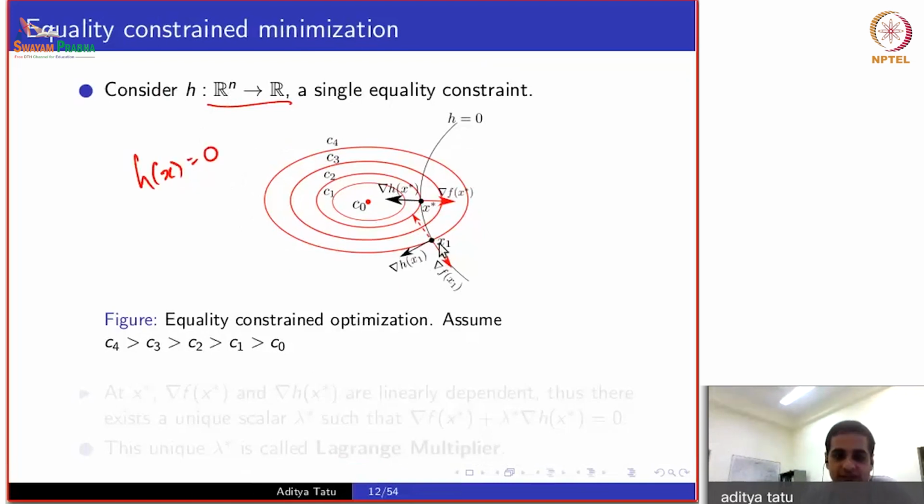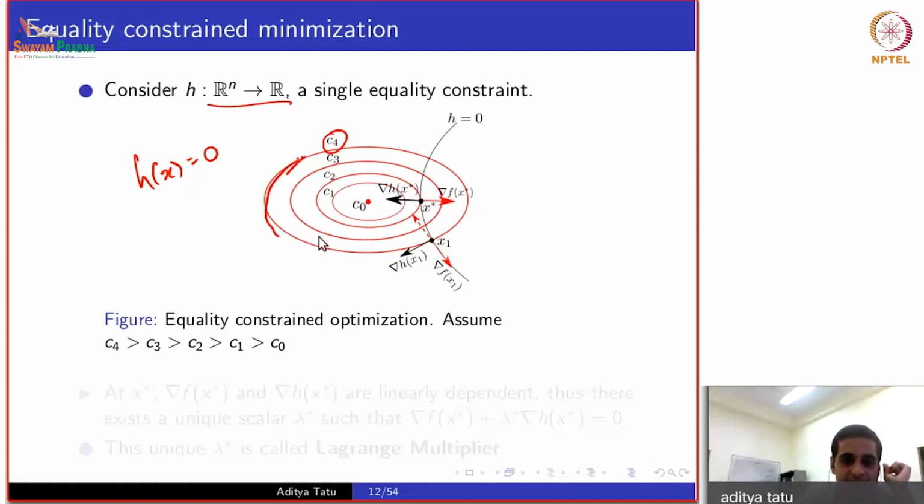In this picture that you see, all these red ellipses define curves on which the value of the objective function is the same. On this particular ellipse, the value of the objective function is everywhere C4, where C4 is some number.